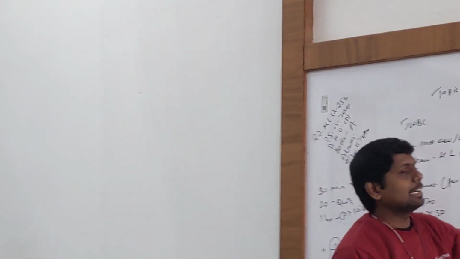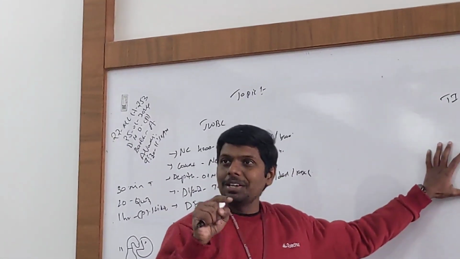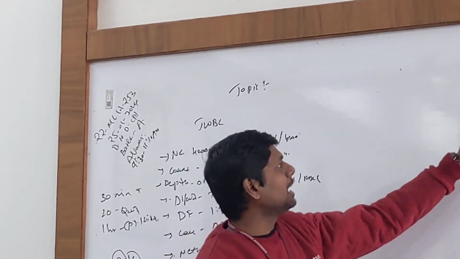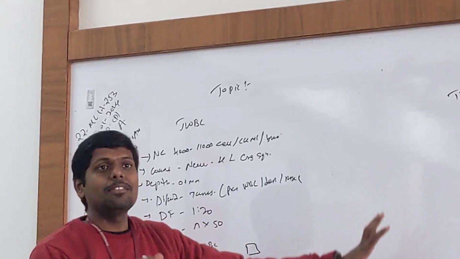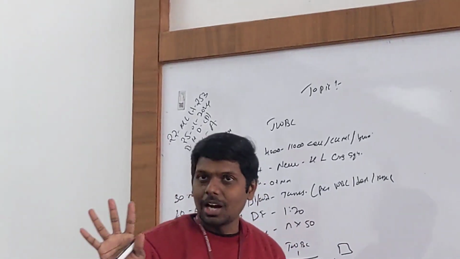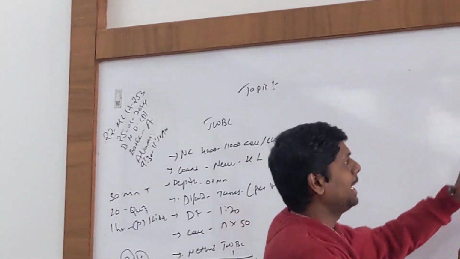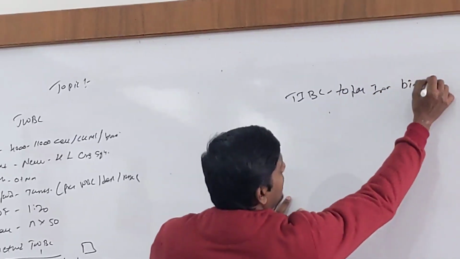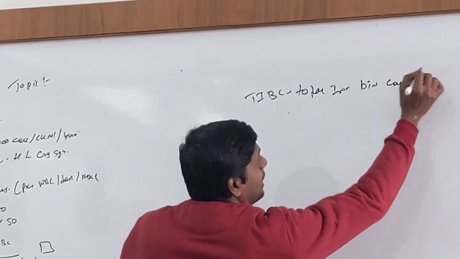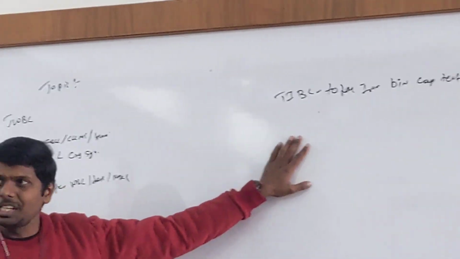Then today we will discuss the actual first experiment in this semester, that is the total iron binding capacity test. So what is this test and what this test is not? I want to be clear. Are we measuring iron in this test?